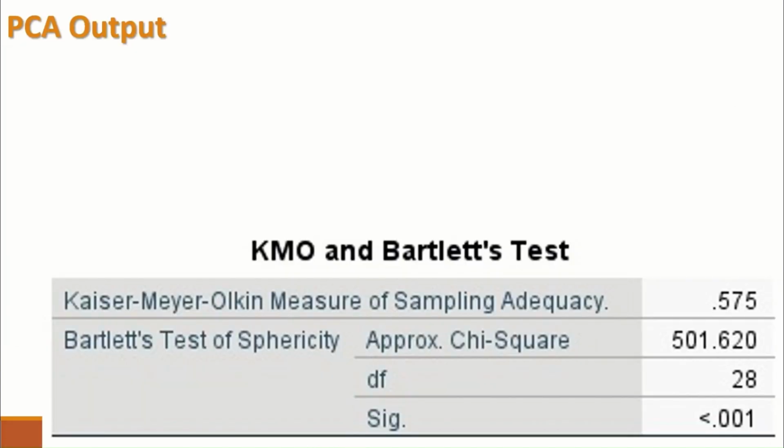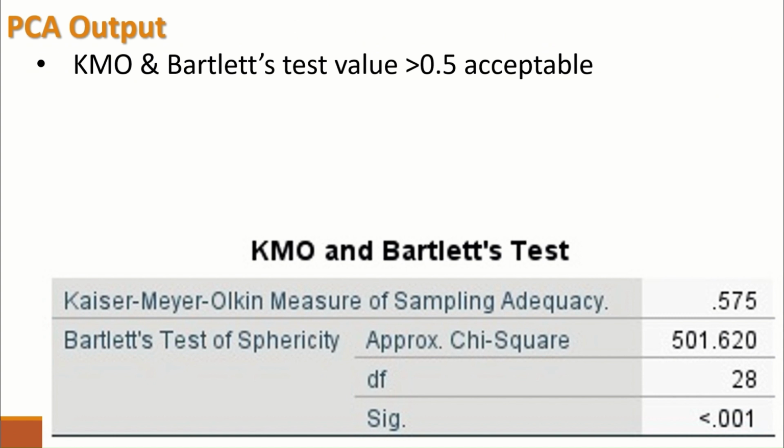The next slide shows an output for the KMO and Bartlett test. The value for sampling adequacy needs to be greater than 0.5, and ideally anything greater than 0.5 will be acceptable, but the higher the better.